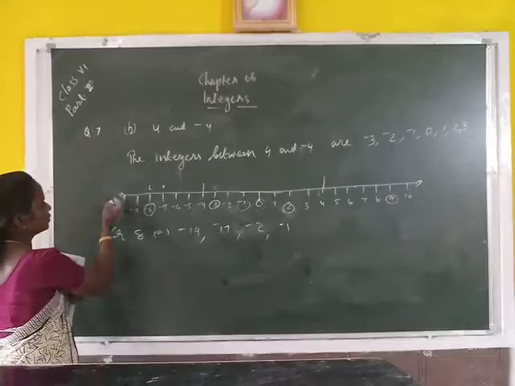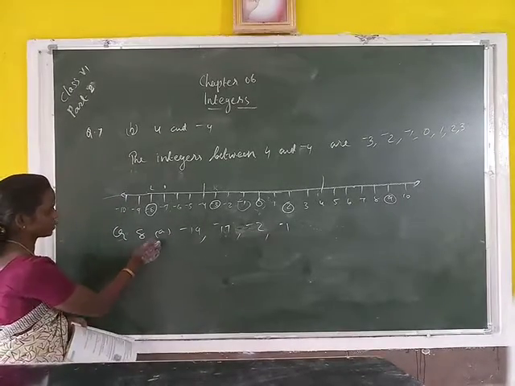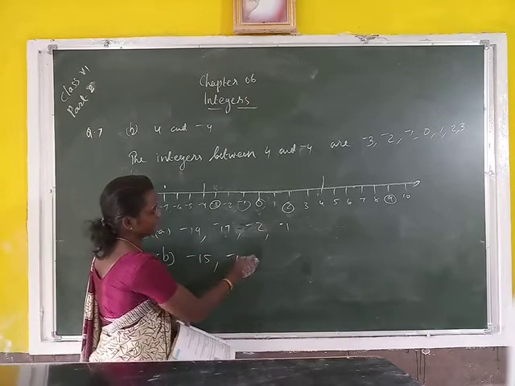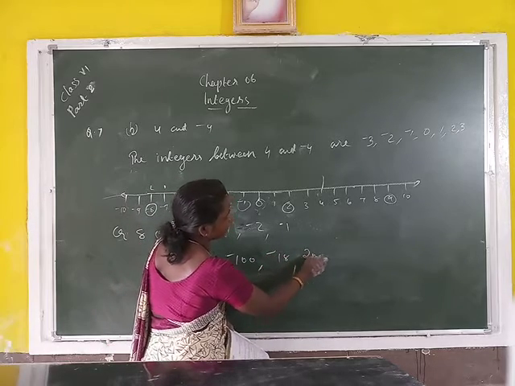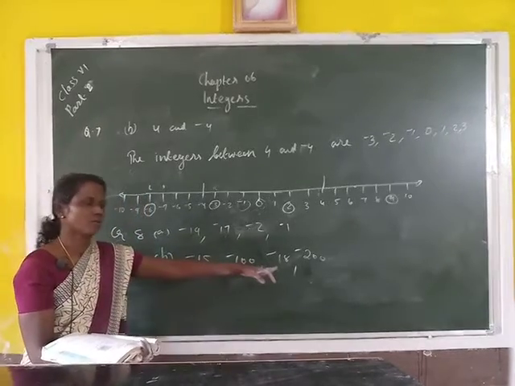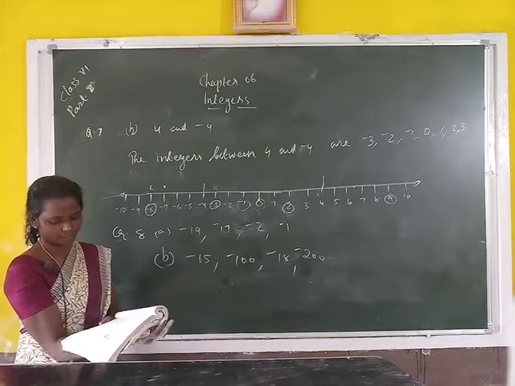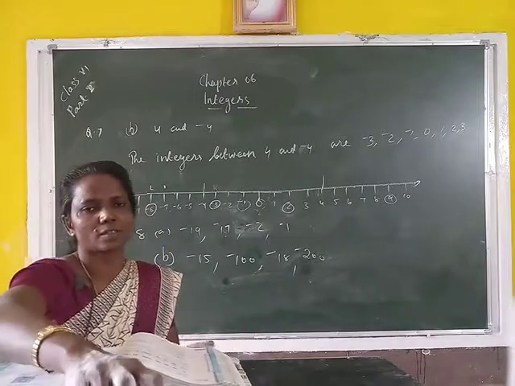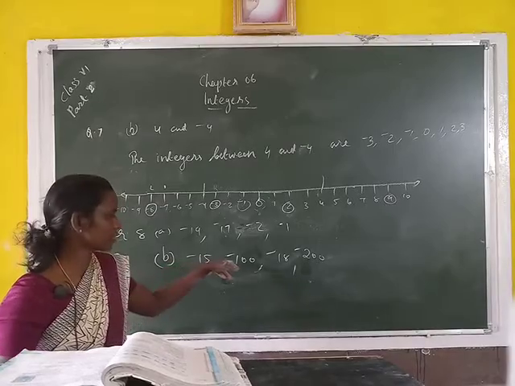So any 4 negative numbers: for example, negative 50, negative 100, negative 80, negative 200. All these numbers are less than negative 10. So you can write any number from the number line.